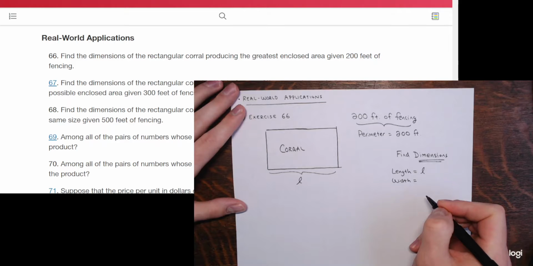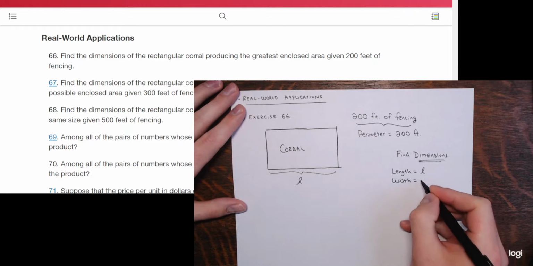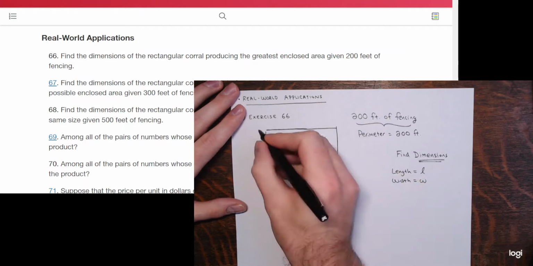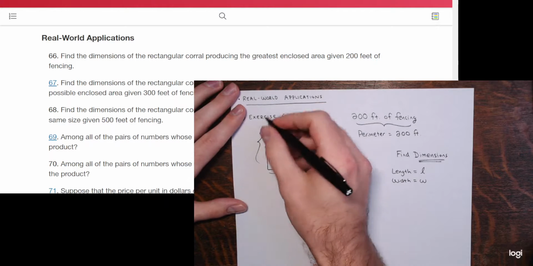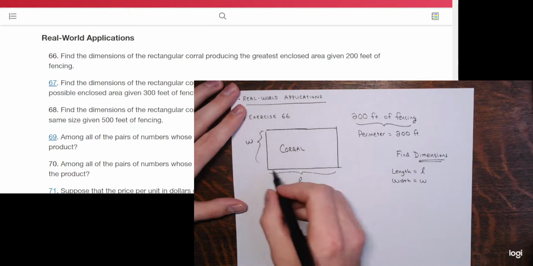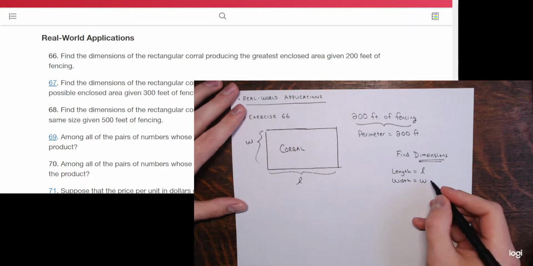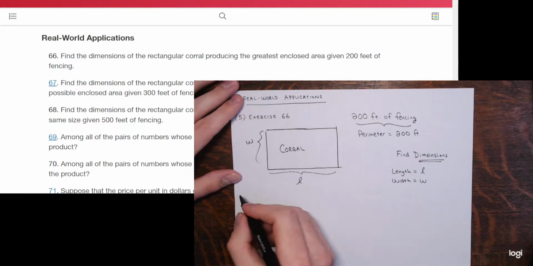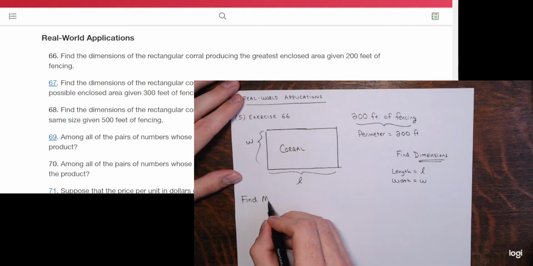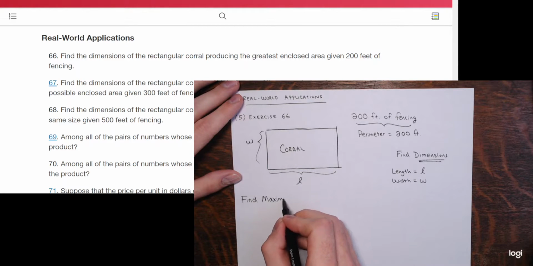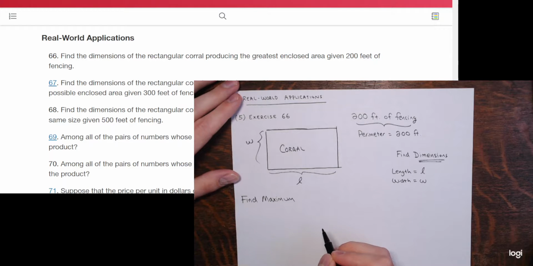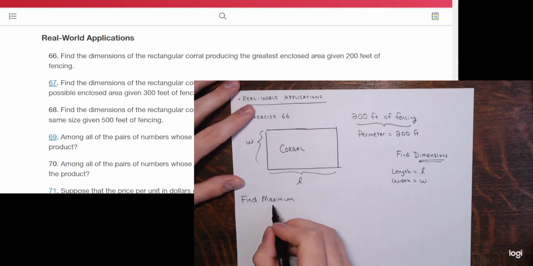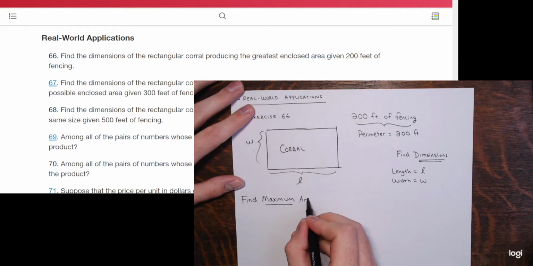It doesn't really matter. And I'll call the width W, and it doesn't matter if the length is horizontal or the width is vertical. So it's an L by W rectangle. And what we're trying to find is the maximum area. They said that gives us the greatest enclosed area, maximum area possible.